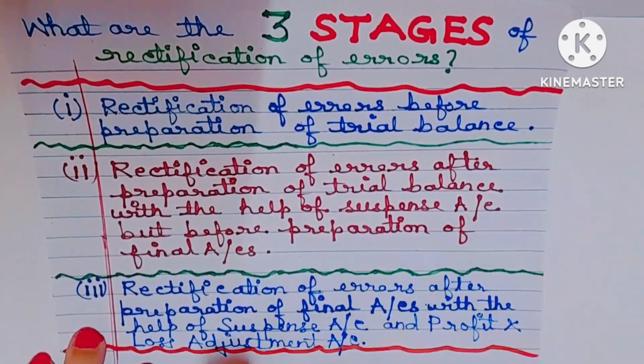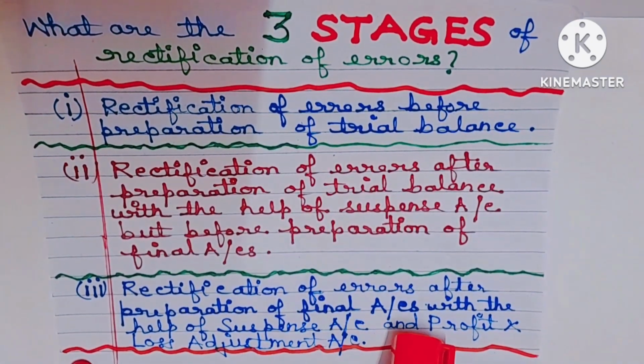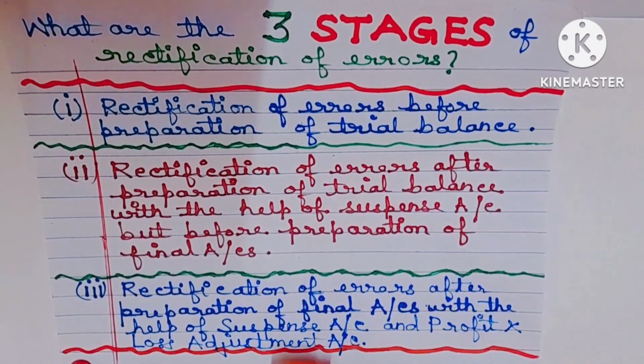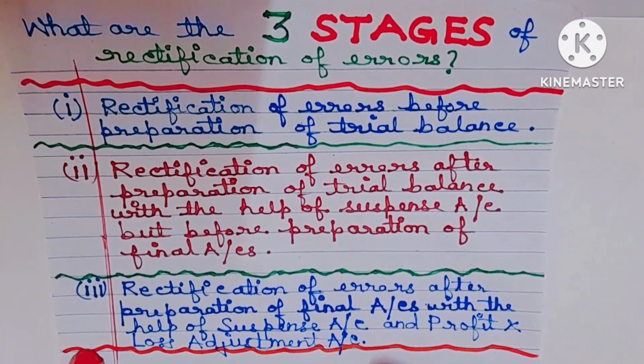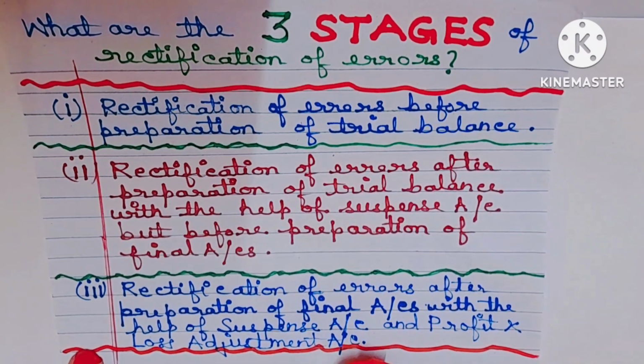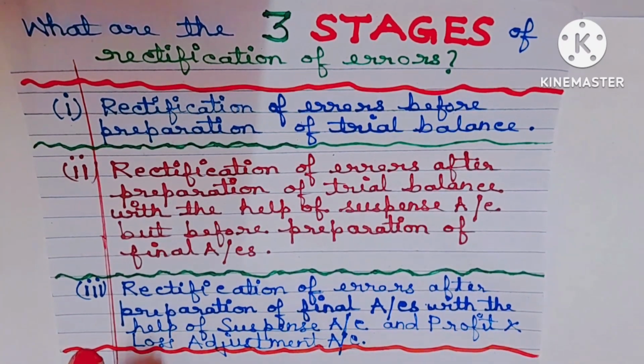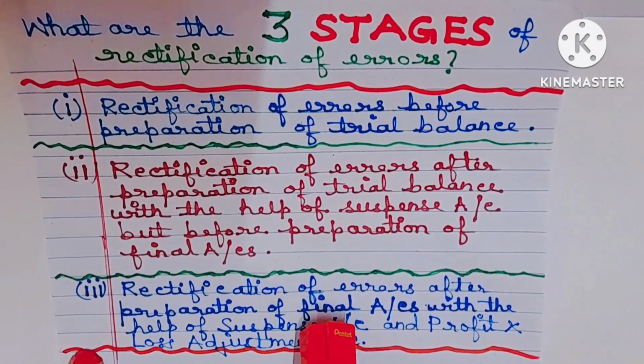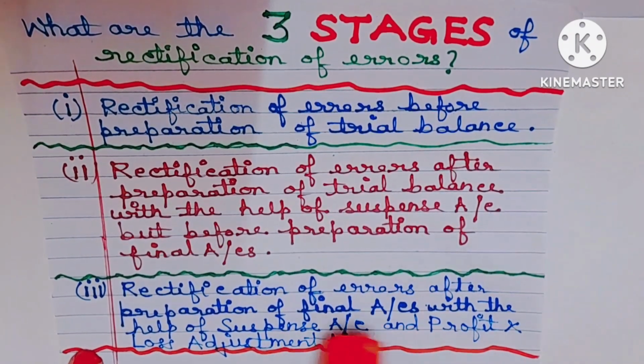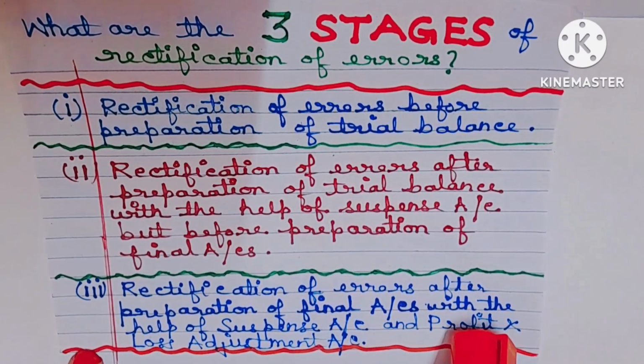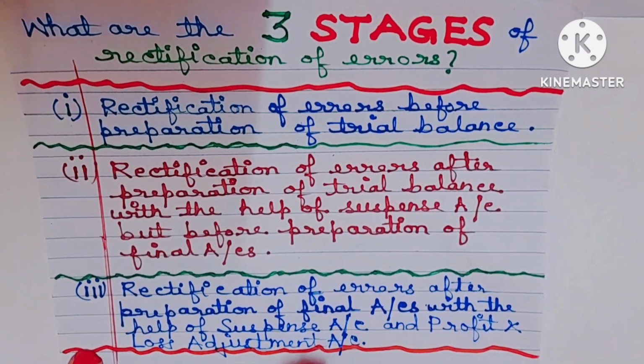Now, number 3, rectification of errors after preparation of final accounts with the help of suspense account and profit and loss adjustment account. Here you can take the help of suspense account as well as profit and loss adjustment account because the third stage is rectification of errors after preparation of final accounts.